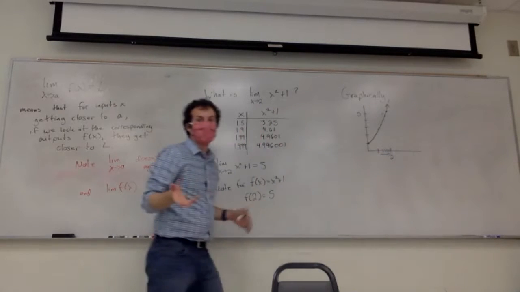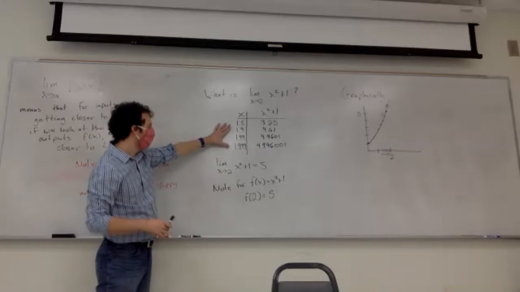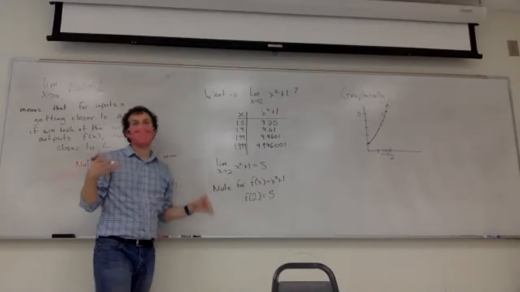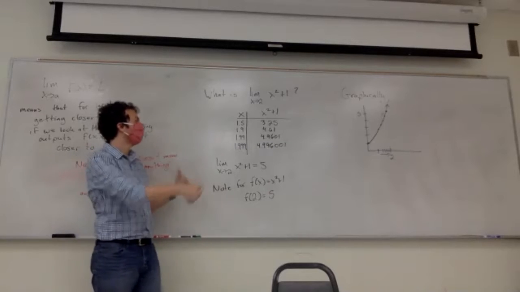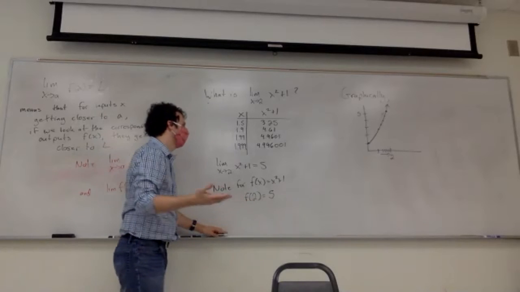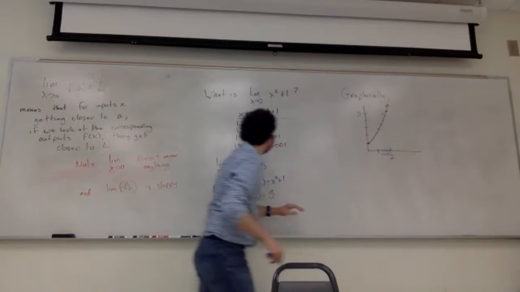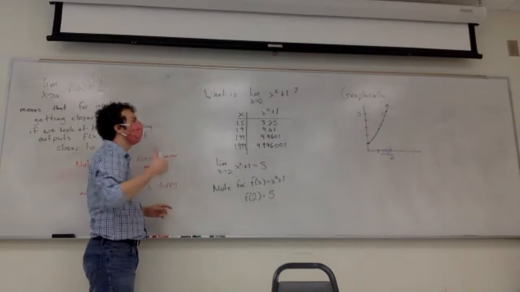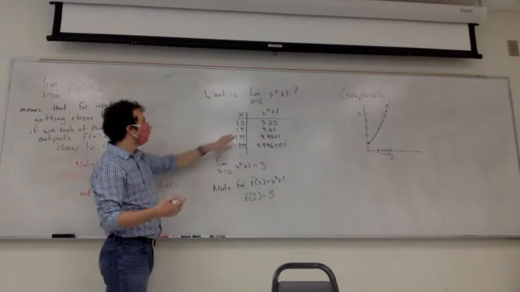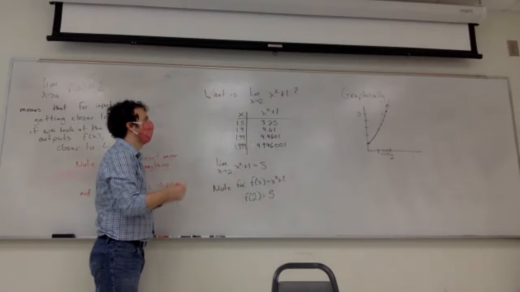What we could also have done but didn't do is, if we're looking at points close to x, that could also be things like 2.1, things that are a little bigger than 2, but not right at 2. And I won't make the table for that. If you try things like 2.1, 2.01, you'll see that the list you generate gets closer and closer to 5.